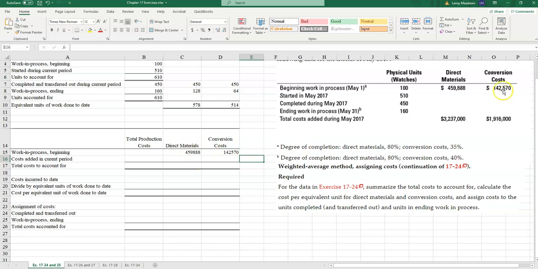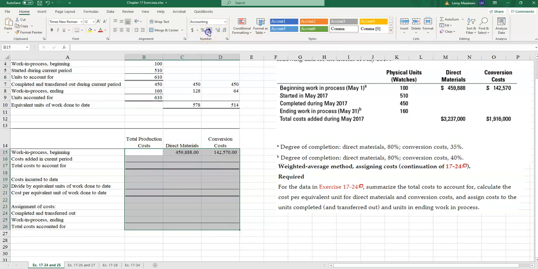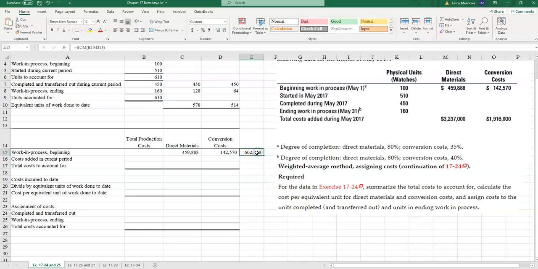We got those numbers straight from over here. Let's go ahead and format this real quick. So what are my total production costs involved in beginning work in process inventory? Total production cost is $602,458.